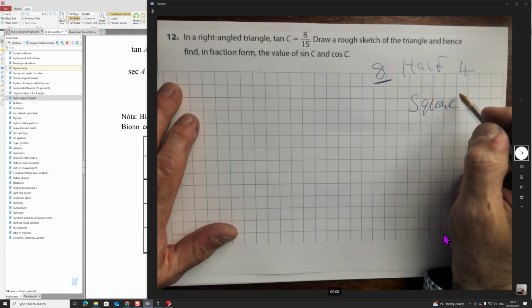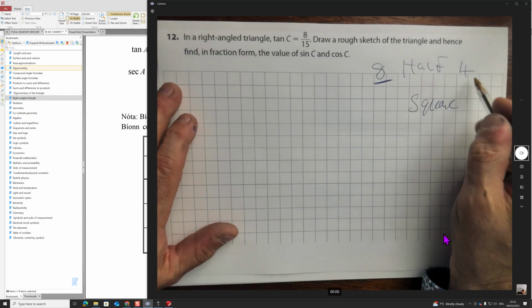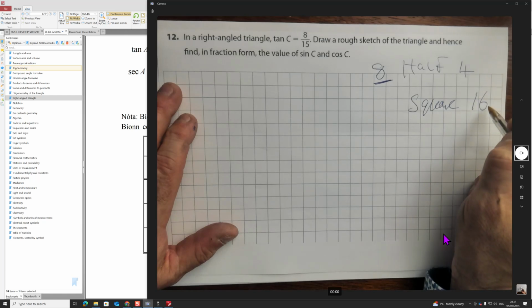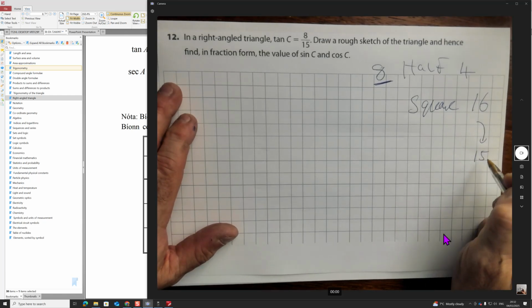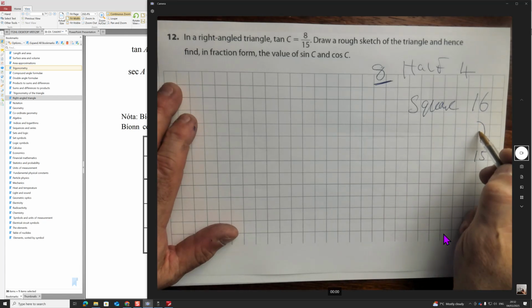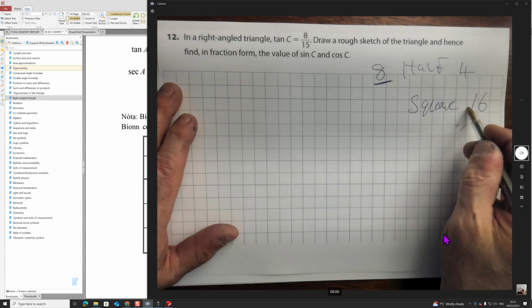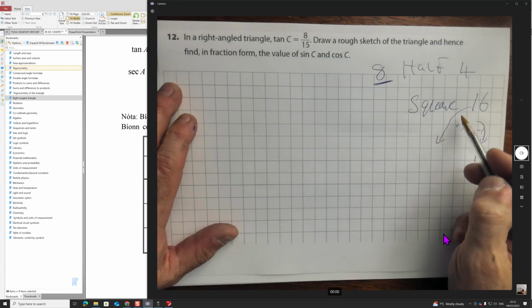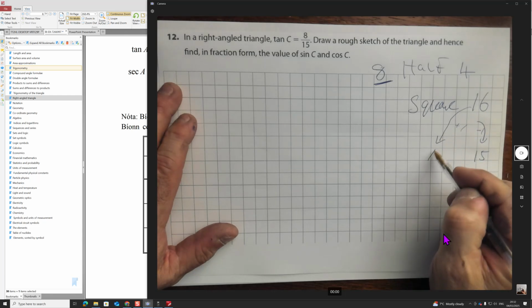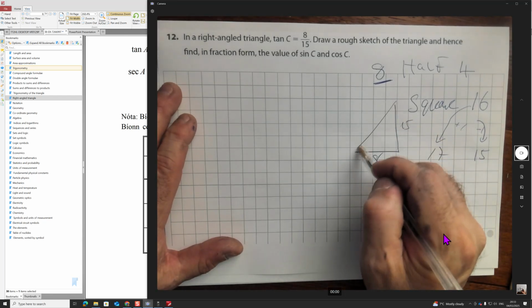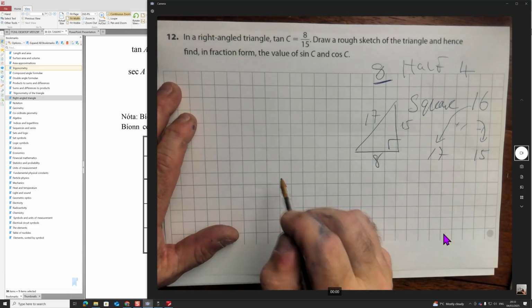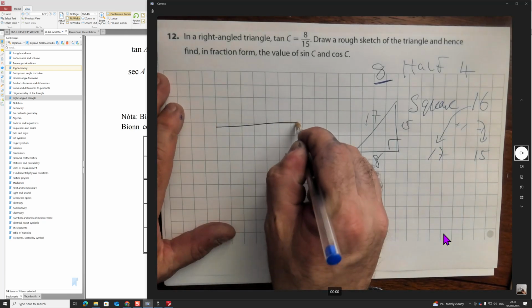Square it. This is just the joy of maths, a special situation. Square it is 16. Climb down by 1 to the predecessor, it's 15, and go plus 1 to its successor. That's what you call it. 1 up from a number is its successor, 17. And you have 8, 15 and 17.